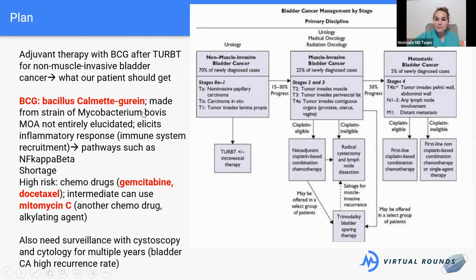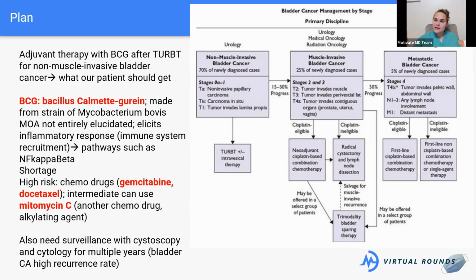BCG is a bacteria, essentially. It's made from a strain of Mycobacterium bovis. The whole mechanism is not entirely understood, but it elicits an inflammatory response within the bladder, and it helps to kill off any residual cancer cells. And so patients who have non-muscle invasive bladder cancer will have that therapy for a while, and that's usually it.